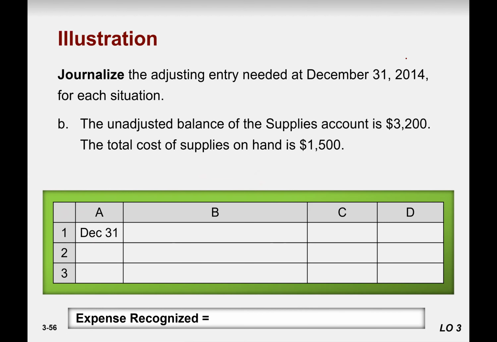You are again standing at 31st December 2014. The unadjusted balance of supplies account is 3200, and the cost of supplies on hand is 1500.